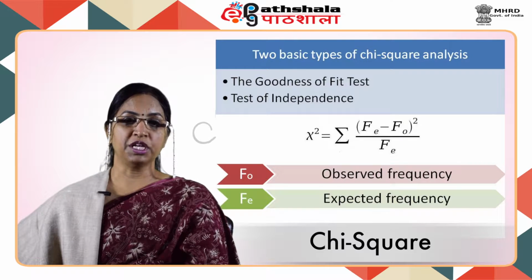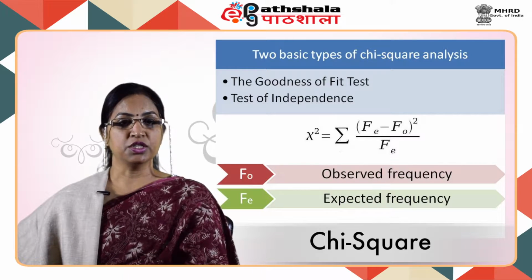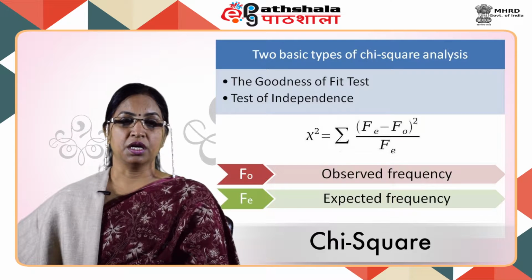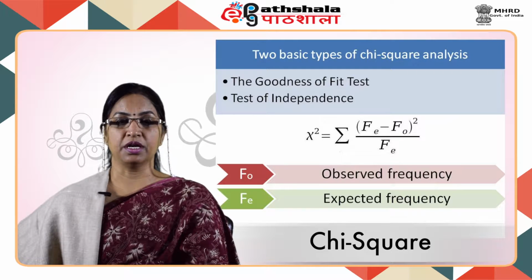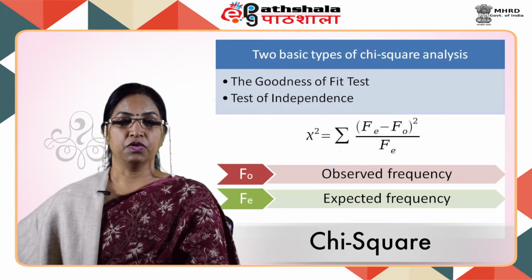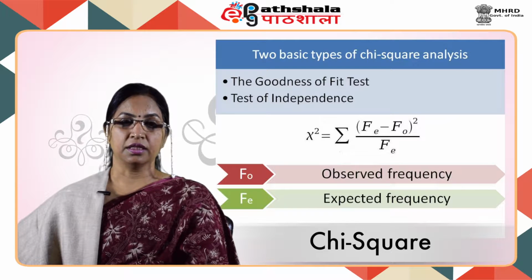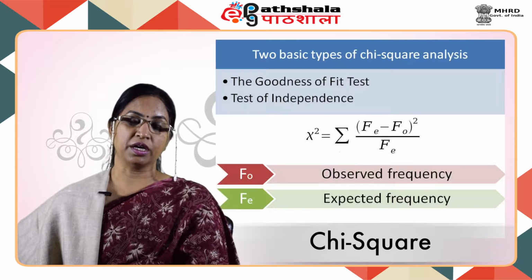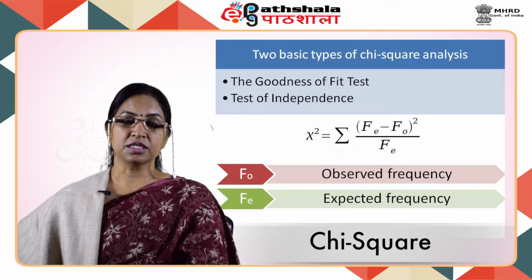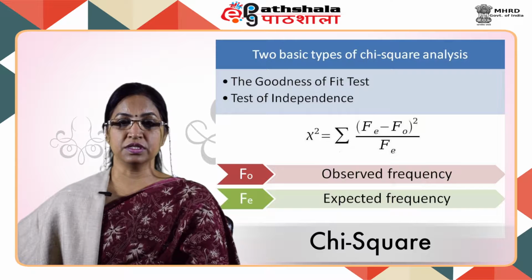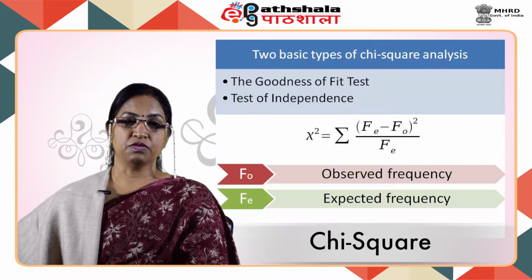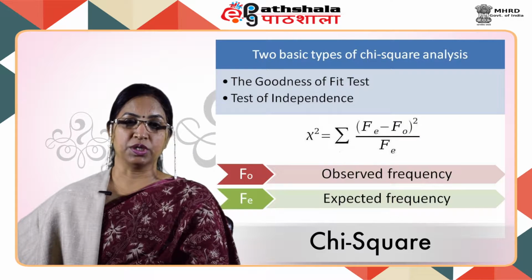The general formula for chi-square is chi-square equals sigma (FO minus FE) whole squared upon FE, where FO is the observed frequency, FE is the expected frequency, and thus the value of chi-square equals the sum of observed minus expected difference squared and divided by expected frequency.